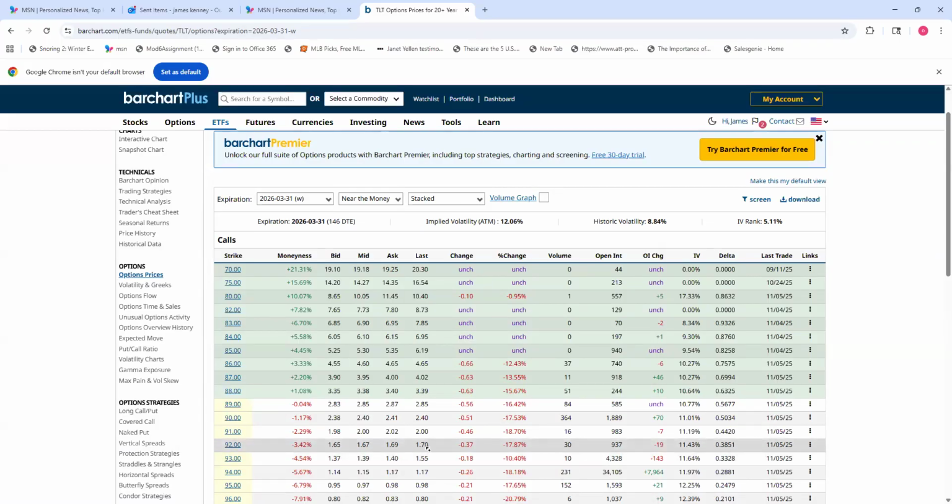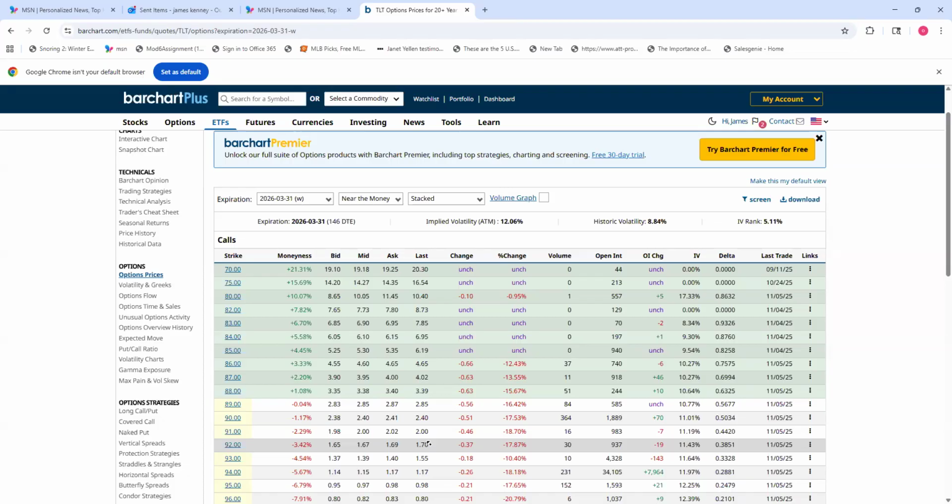That's total risk, 170 bucks. And if it ever goes up to, say, 108, which is somewhere near where that gold line was, you take 108 minus your 92 and you get $16 in the money. $16 times 100 shares is 1,600 bucks. So if it ever hit 108 between now and the end of the first quarter of next year, you risk 170 bucks with the potential of going to 1,600.